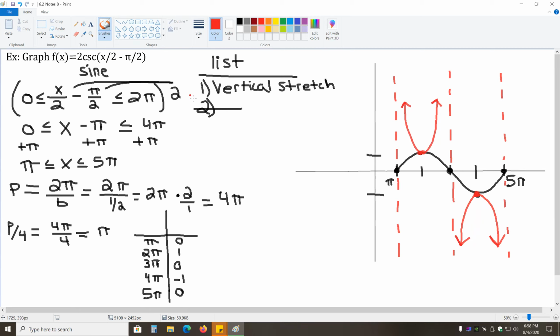From here, we can apply the vertical stretch. We take the bottom of this upward-facing parabola and multiply it by the number on the outside, the 2. So we have y equals 1 here. We're going to put this in blue.